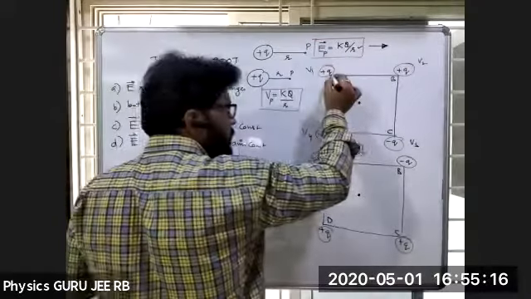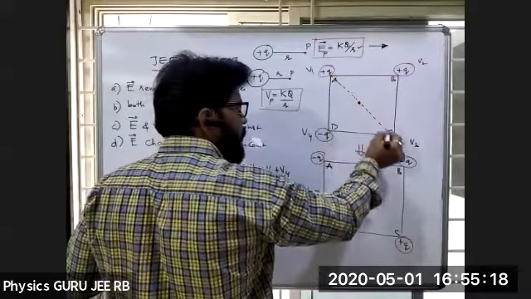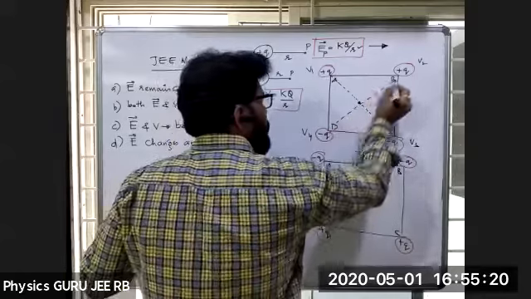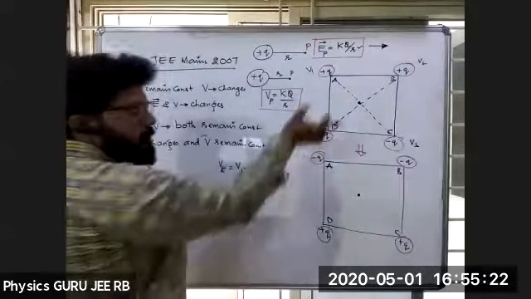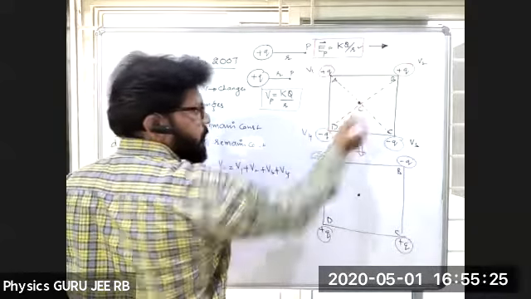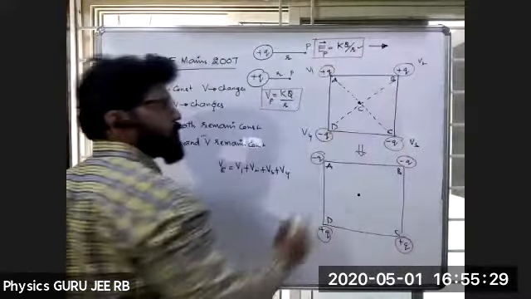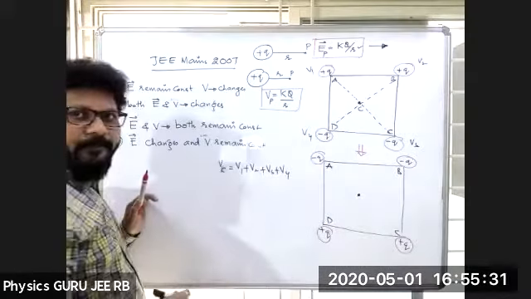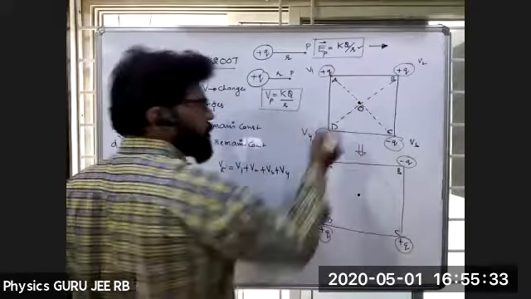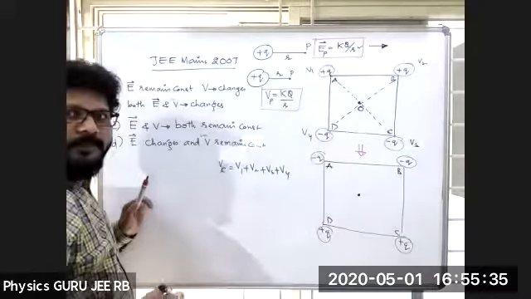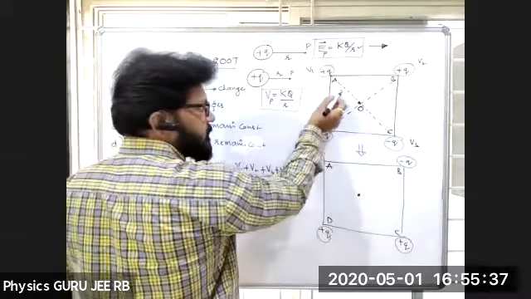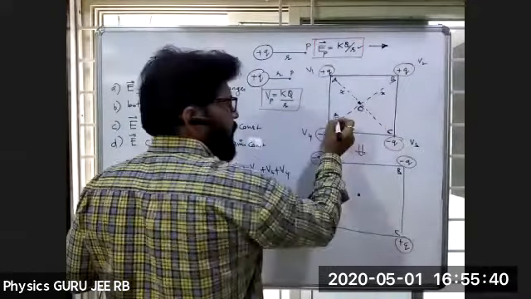The distance will be the same from A to C, from minus Q to C, from plus Q to C. Distances will be the same, right? Let us make the center O, and let us call this distance x. No need of calculation.